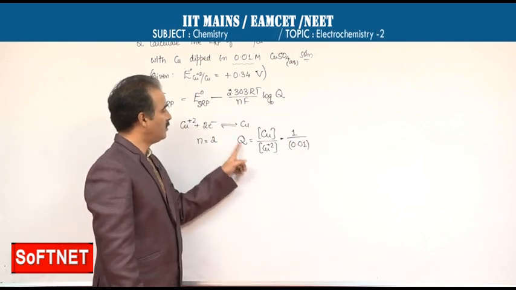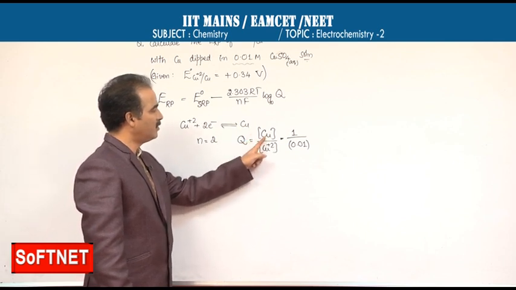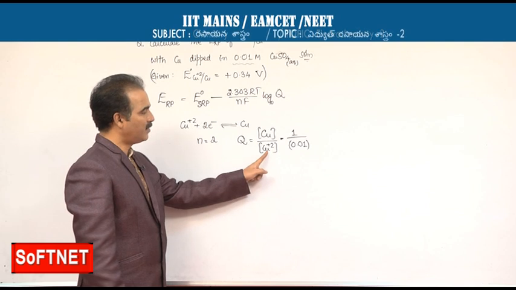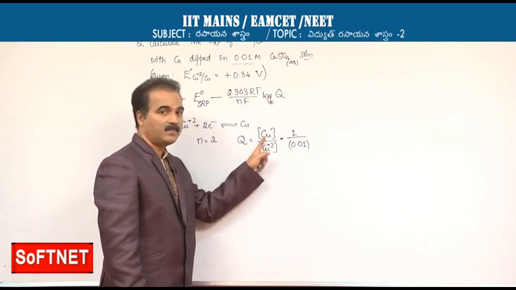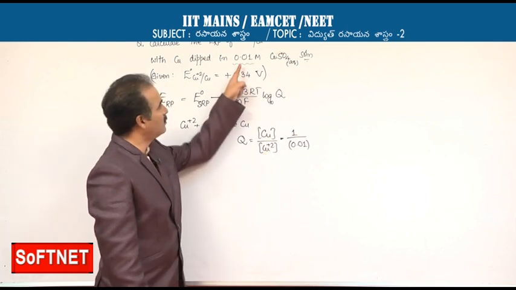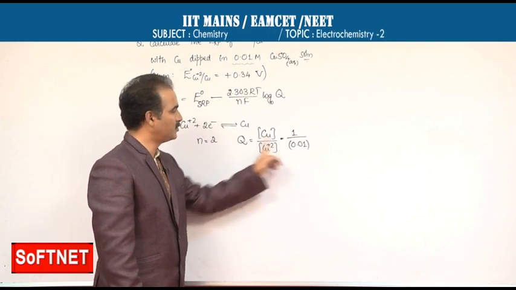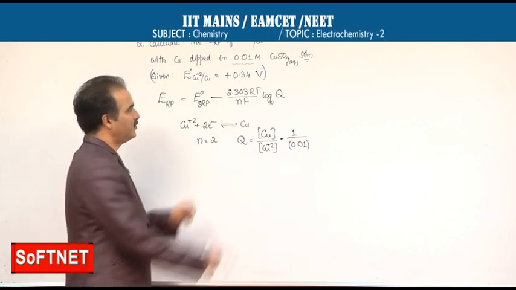See, for this reversible reaction, the Q value is the active mass of copper by the active mass of copper plus 2. The active mass of copper we take as 1, and the active mass of copper plus 2 is nothing but concentration, which is 0.01. So, this is the Q value, and this is the n value.